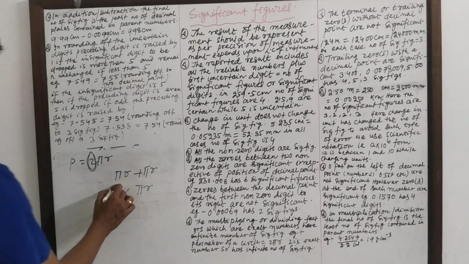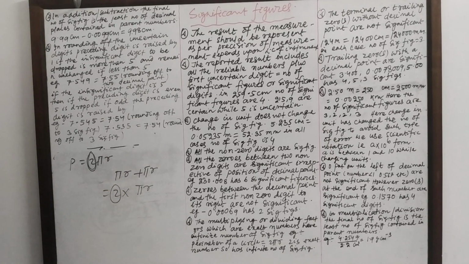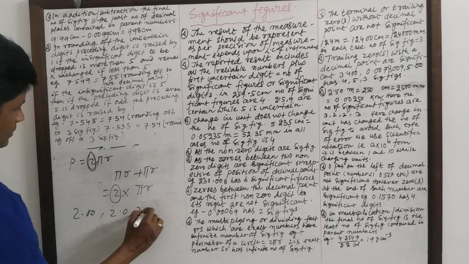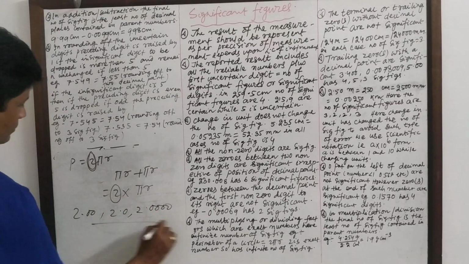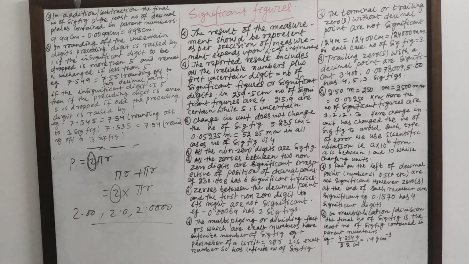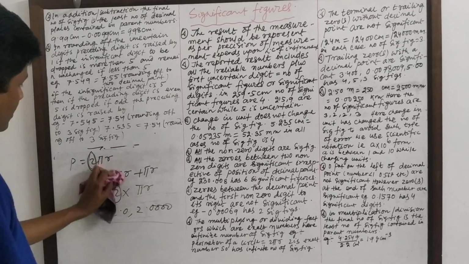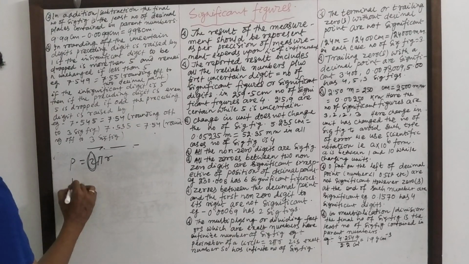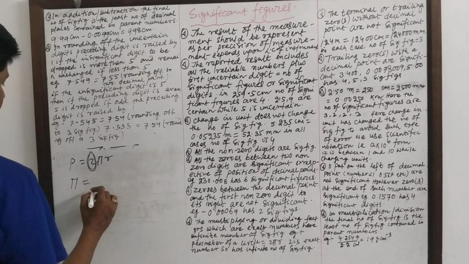It has an infinite number of significant figures. We can write here 2.00 or 2.0 or 2.0000 as we wish.